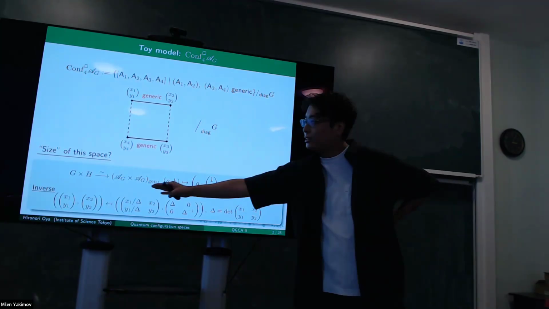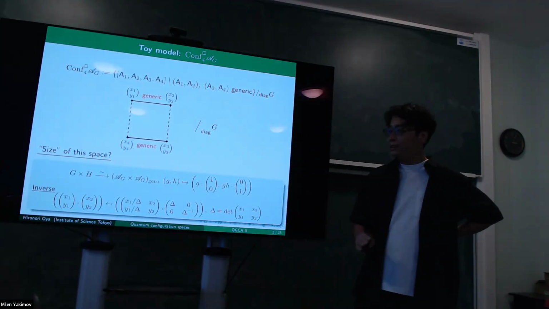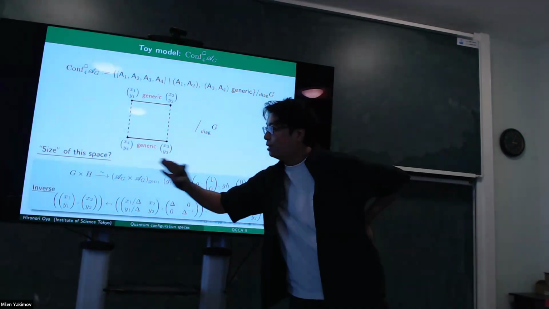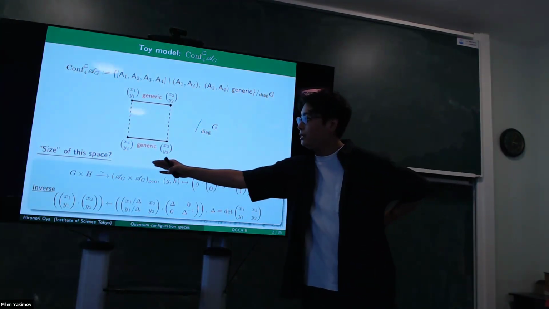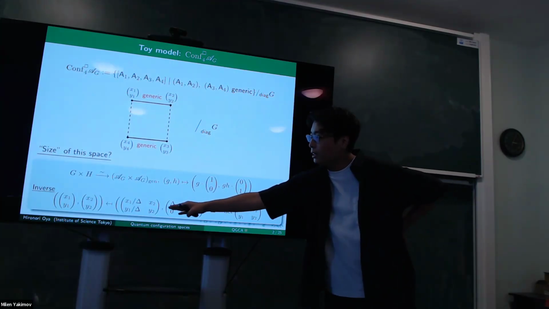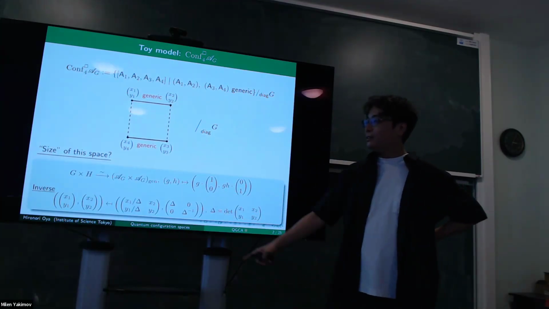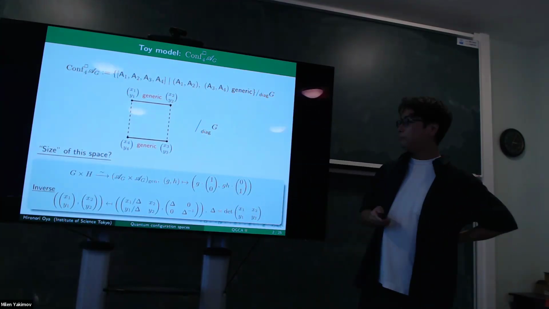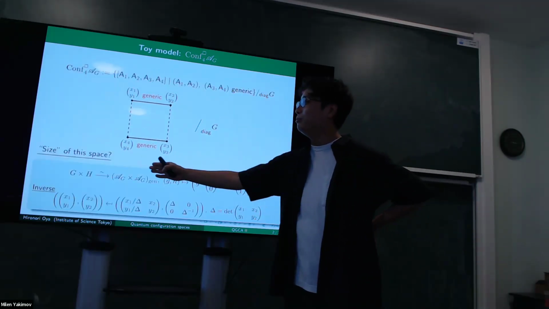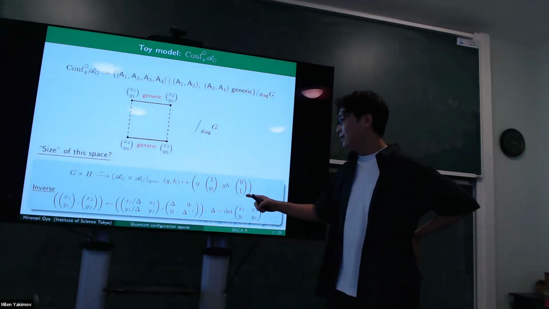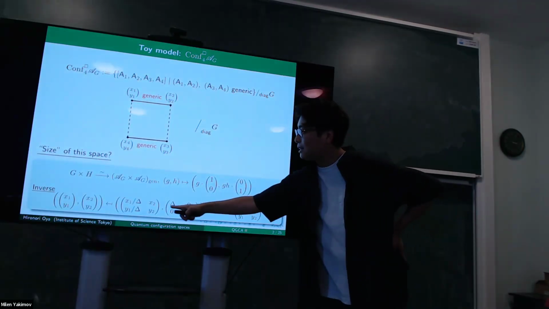And this is the inverse correspondence. If we have these decorated flags, then we can recover G cross H in this way. So what is H? H is the Cartan subgroup of G.